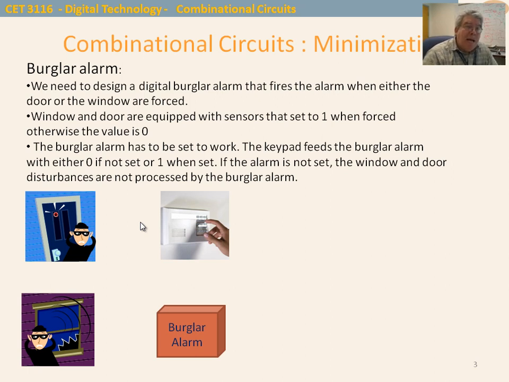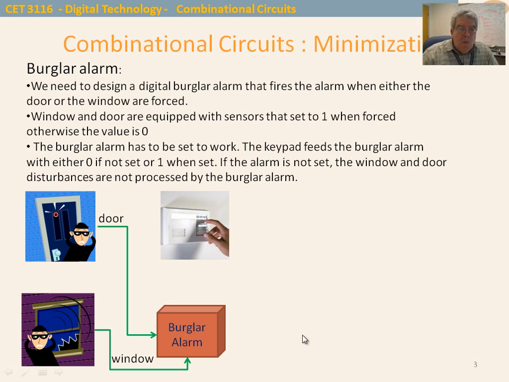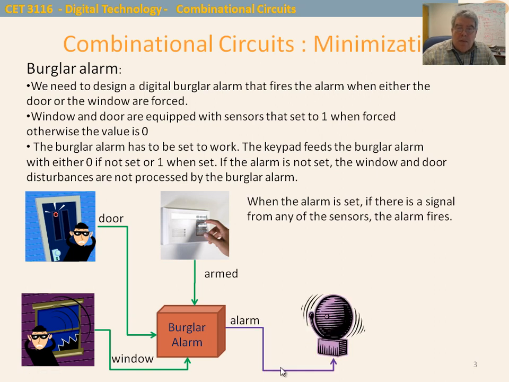The alarm has to be active, or armed, for that to happen. So we have the door and the window, and if any one of these two is 1 when the alarm is armed, we expect the alarm to go off.